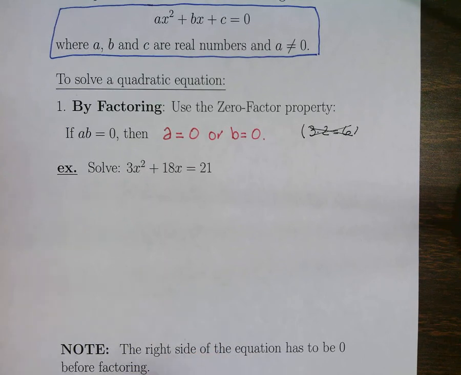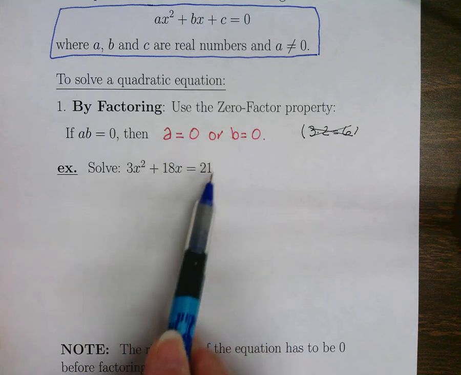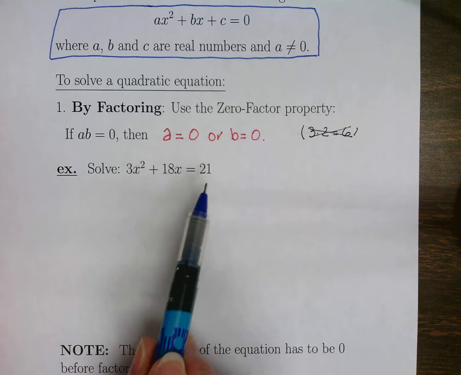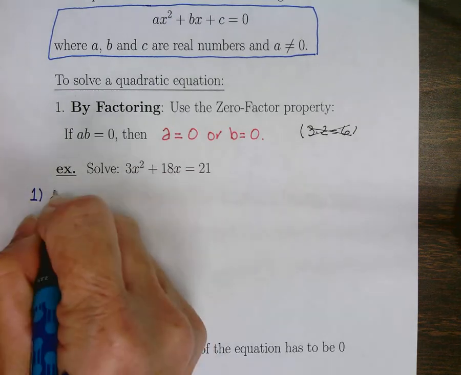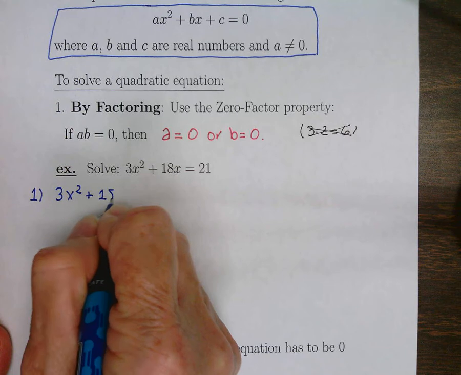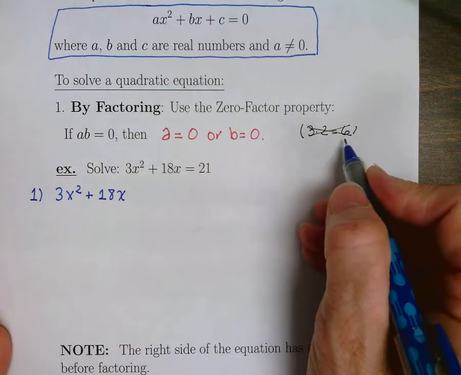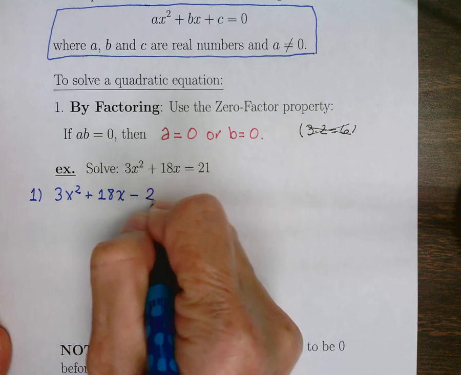Okay, so what do we do? First thing we have to do to use the zero factor property is to get a 0 on one side of the equation. And sometimes students forget this process, but again, as we just saw, it doesn't work unless you have 0 on one side of that equation.